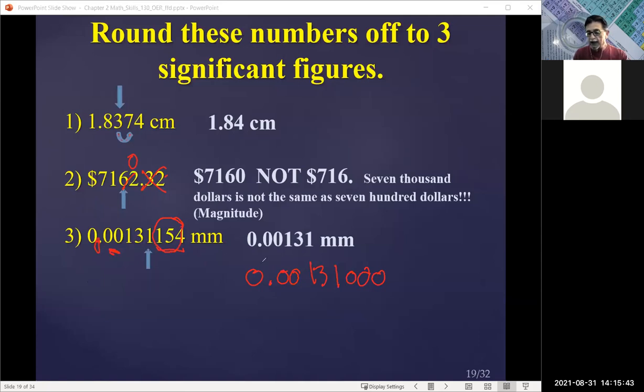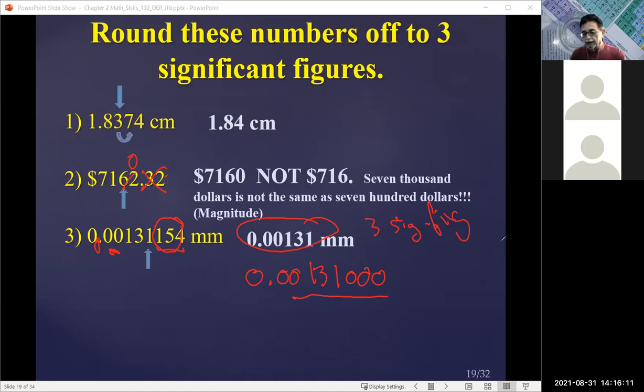But any numbers after the 3rd significant digit, we can drop. And if you put zeros back in, what have you done? Think about it. How many sig figs does this one have? 3 sig figs. That's what the problem asks. And what have you done by adding zeros? How many sig figs do I have here? 6. 6, exactly. Thank you. You have created 3 more sig figs, which is counter to what the problem said to do. You want to be in the 3 sig fig position.